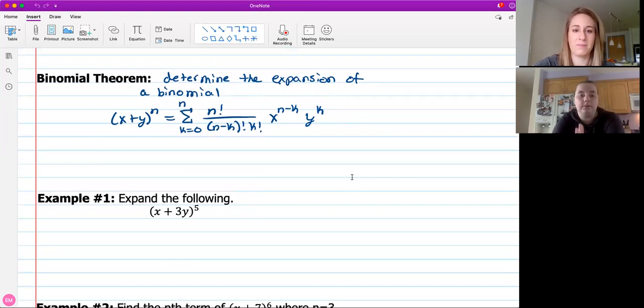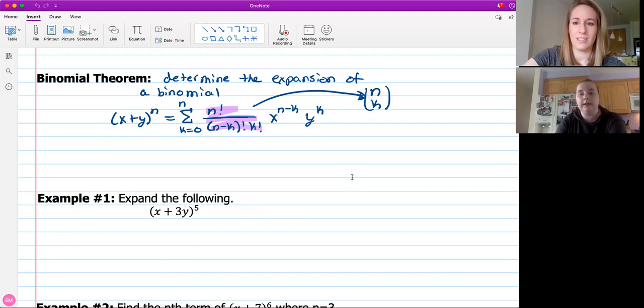The one thing I will say here is that if you are in some other class, I don't know if anyone would ever see this, but this piece right here is sometimes written as N choose K. I don't think you're ever going to see that in this class, but if you ever see that in some other class, just know that that just equals that factorial piece right there.